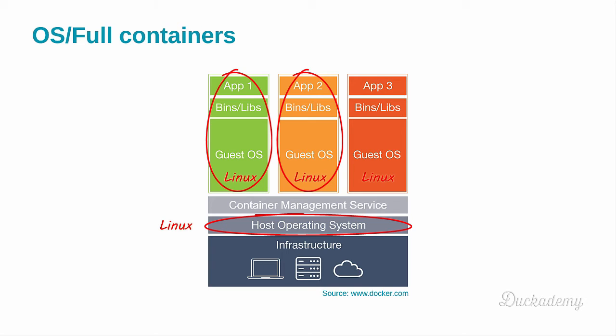And if you run Linux on Linux, if your host operating system is an Ubuntu, it doesn't mean that you cannot run a CentOS or Red Hat Linux version as a guest operating system. Only the kernel will be the same, but all the libraries, the server versions, and so on will be the guest operating system's versions.